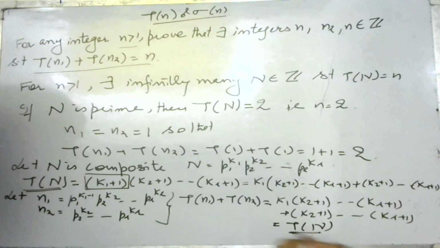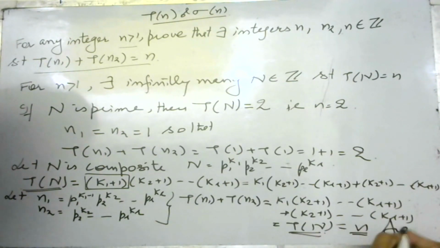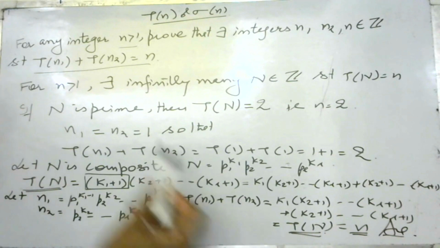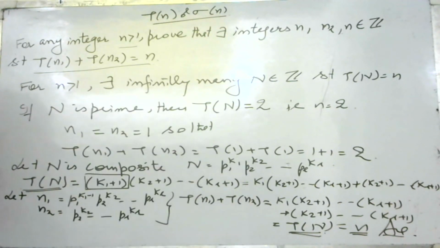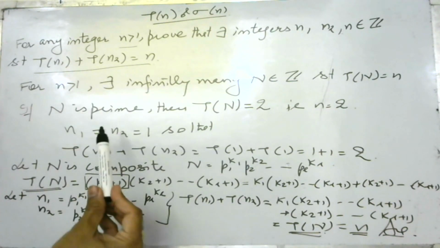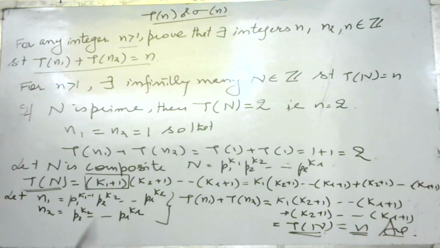And tau n we have chosen as small n. Hence the desired answer that tau n1 plus tau n2 is equal to n. So we have proved this for prime as well as composite.